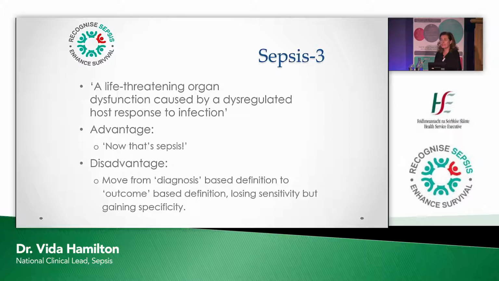However, the big disadvantage is that we've moved from a bedside diagnostic criteria using the SIRS response and infection to a definition that might require biochemical tests. So there's an inbuilt potential time lag before we can make the diagnosis. And yet the only proven therapy for decreasing mortality and morbidity is early recognition and early treatment. So how do you marry that conflict?